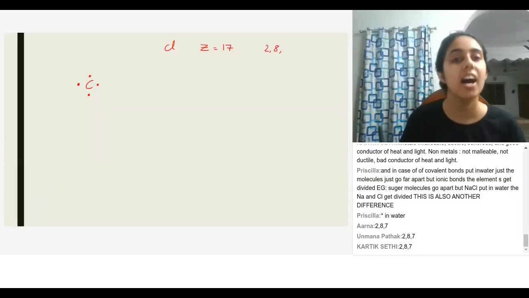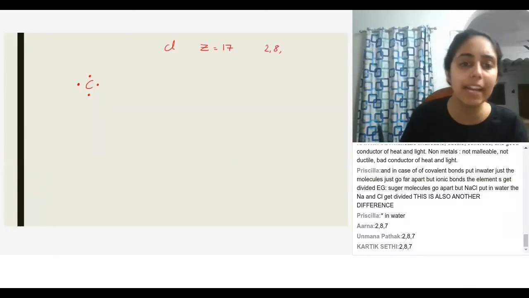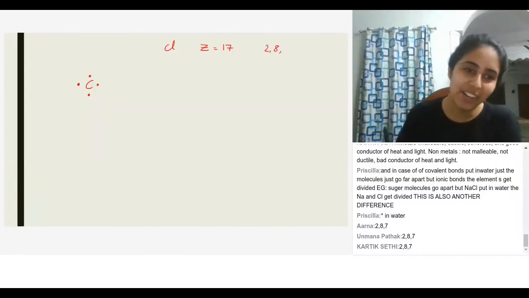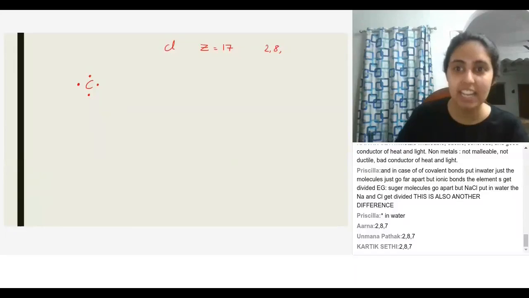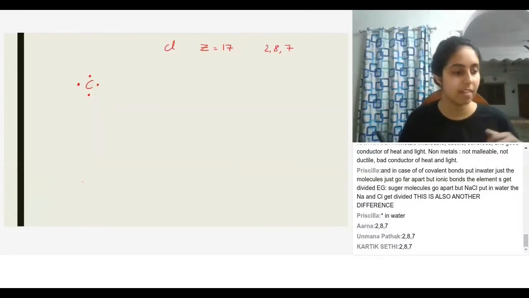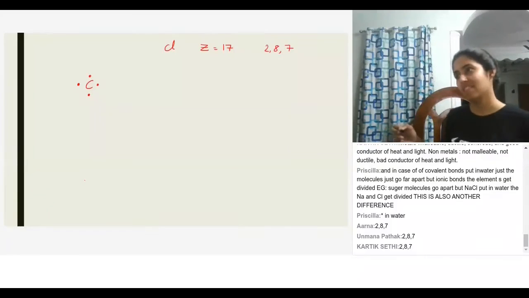So 2, 8, 7. Is it possible to have 2, 8, 9 for any compound? Ma'am, by mistake. Okay, good. I remember that the valency is minus 1, but then I felt it was 10 minus 1, 9. It's okay. No problem.